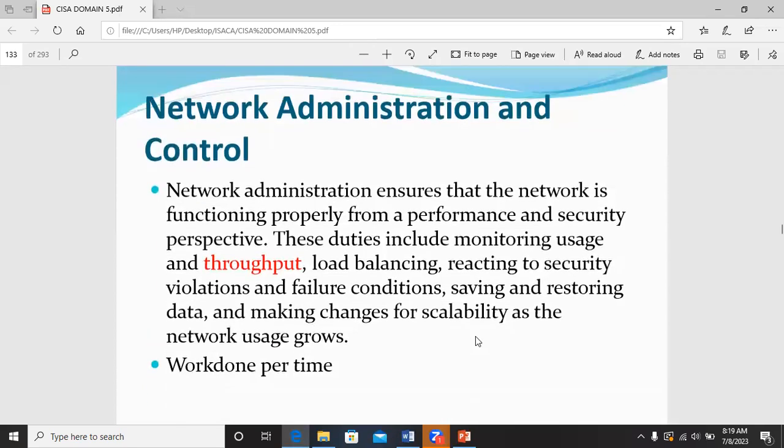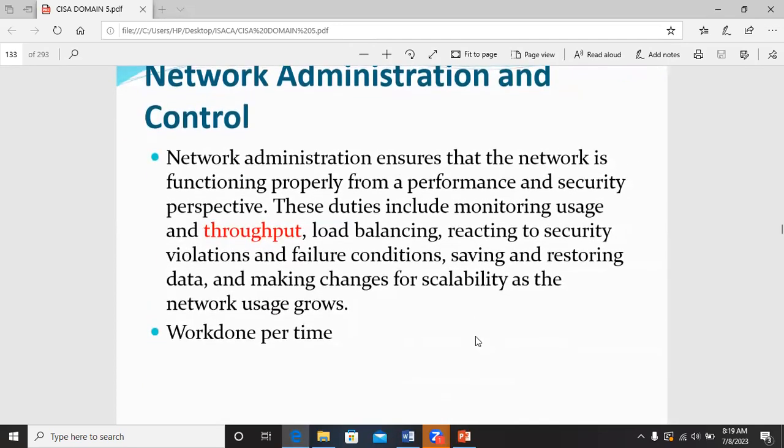Now, network administration and control. It has become easier to manage a network with all these tools. Anybody with an average network experience can monitor what is going on with SIM tools, security event information management tools, and network monitoring tools, such as simple network monitoring, and so on.